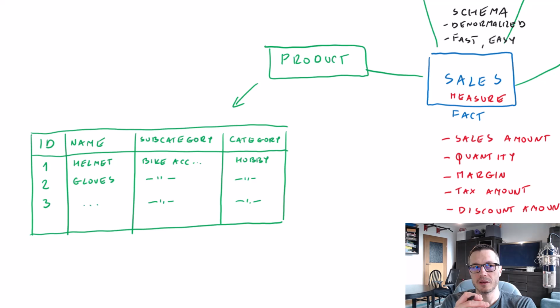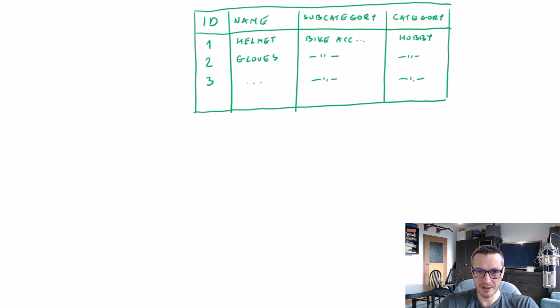Here in BI solutions, it is different because we want to avoid those complex joins that might be slow and that might confuse users. So in our case, let's say that the product dimension looks like this. You might run into some issues with this design.